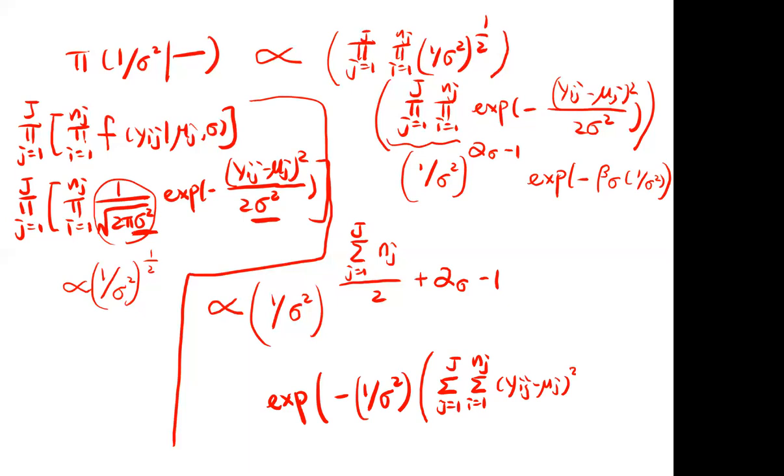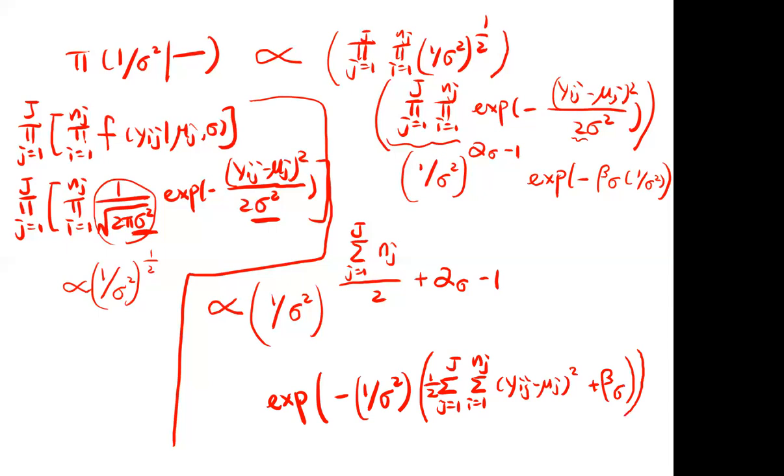Oh, I should also have this 1/2 term, right? Because there's a half here. And then I add the prior contribution, which is the beta sigma. And I think that's what it is, right?